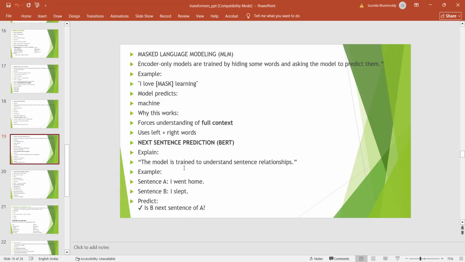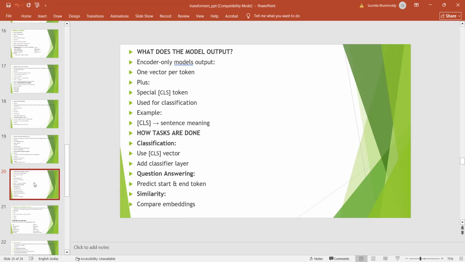And then for next sentence prediction, the model is trained to understand sentence relationships. For example, I went home, I slept. So it will understand how the sentences relate. And what does the model output?